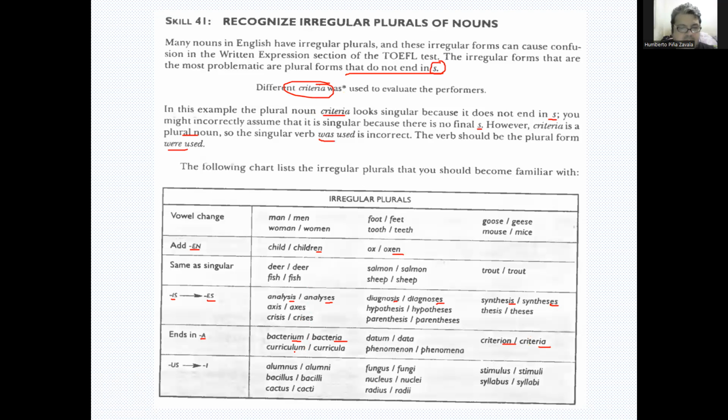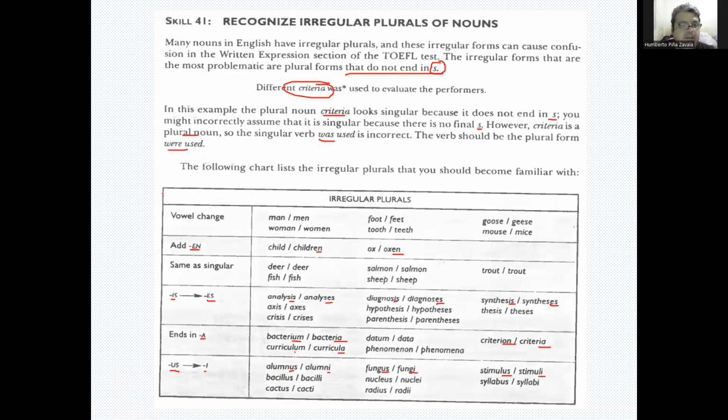Curriculum, curricula, plural. Or if it ends in us, it changes to i, like alumnus, singular, alumni, plural; fungus, singular, fungi, plural; stimulus, singular, stimuli, plural.